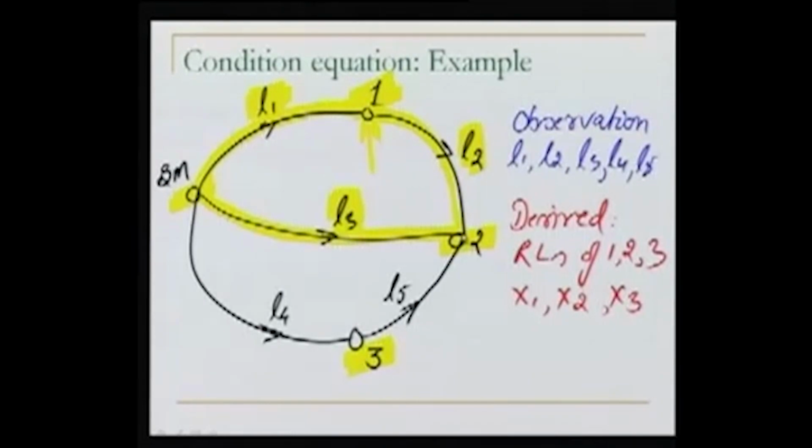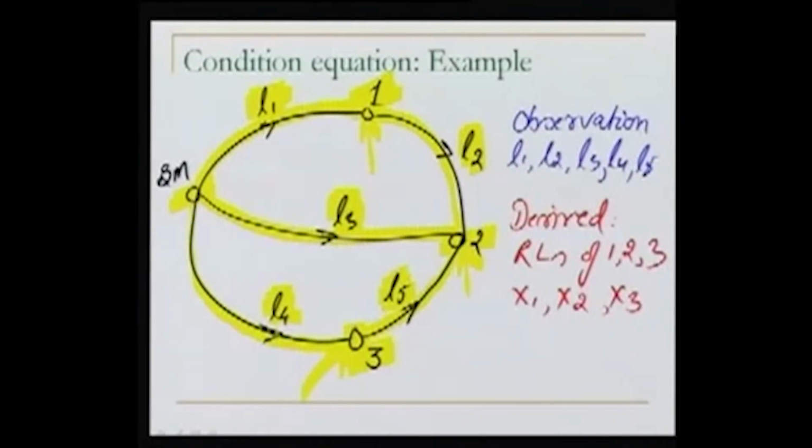So we have introduced the redundancy in the observation. Further, in order to determine the RL of point 3, having known the RL of point 2, I am finding the difference in elevation between these 2 points, that is L5. So I can determine the RL of point 3 also. But I am also taking one more observation here, that is L4. So again there is redundancy.